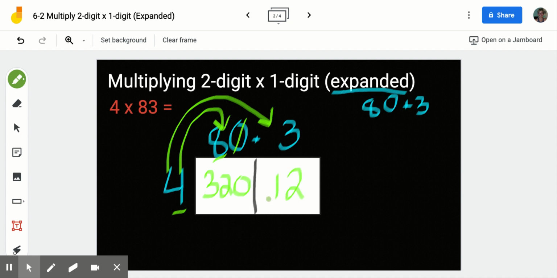Then I take these two parts. These are called partial products. I'm going to add these together, and my product is 332. So I do have to slow down. I have to take my time, and I have to go through a few steps to get to the answer.